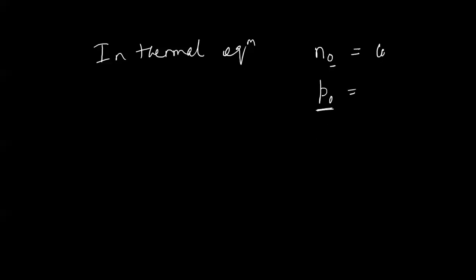These are all constant values, right? At a particular temperature, the concentration of electrons and holes in thermal equilibrium is constant, independent of time. So there is no change in the concentration of electrons or holes with respect to time. It remains constant throughout at a certain temperature.